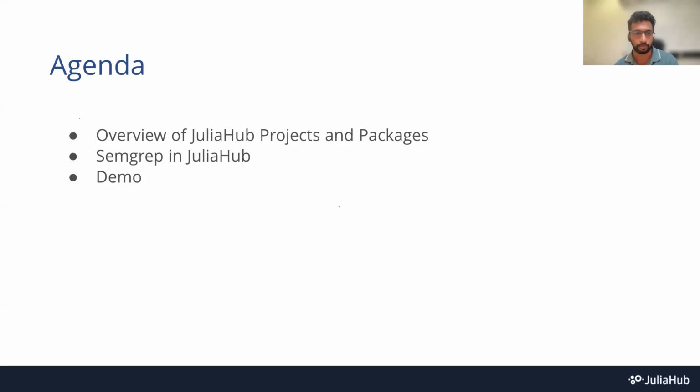So at the beginning, for a couple of minutes, I'd like to go through what the JuliaHub platform is and specifically some of the features which are relevant to the context of static code analysis. The later part, we will discuss the tool that we use for static analysis called Semgrep. And at the end, we will have a short demo on how we perform this analysis.